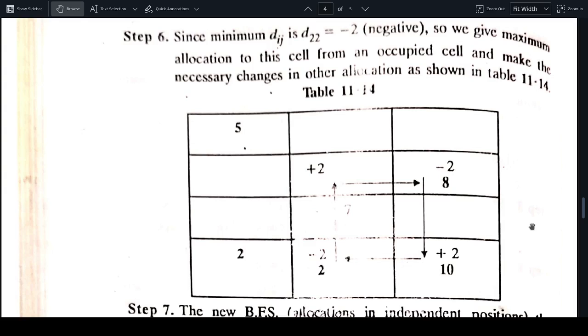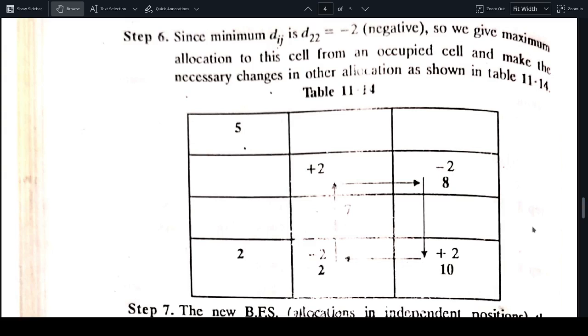Starting and ending points are the same. Then this is called the loop. Is this clear or not? What is the plus 2, minus 2 in the cell? I shall tell this when we use it. Up to this, the formation of the loop is clear.